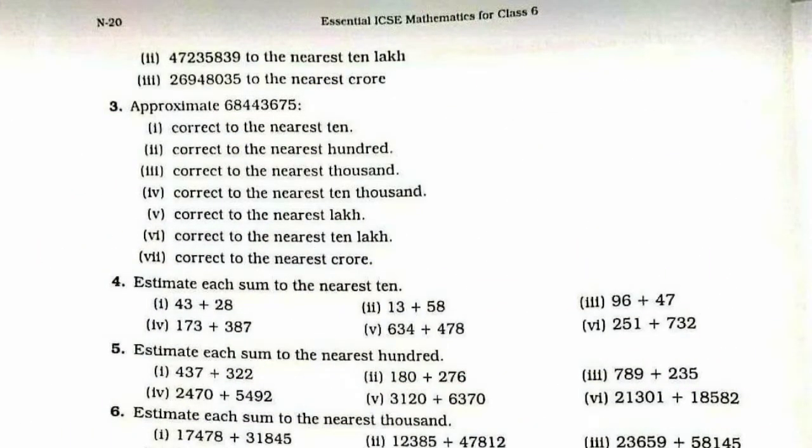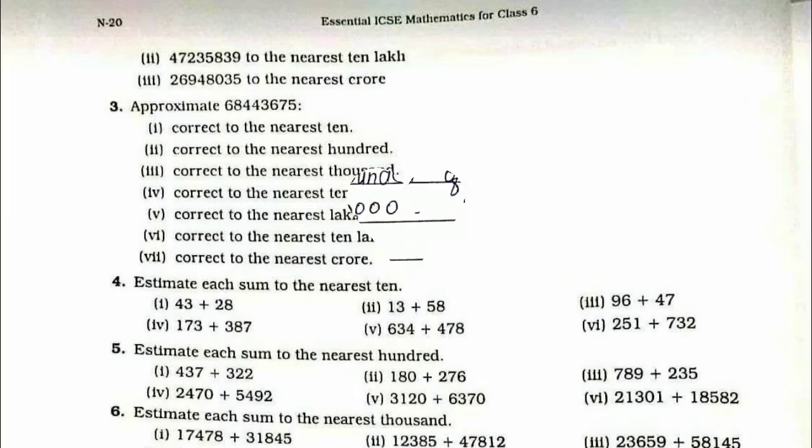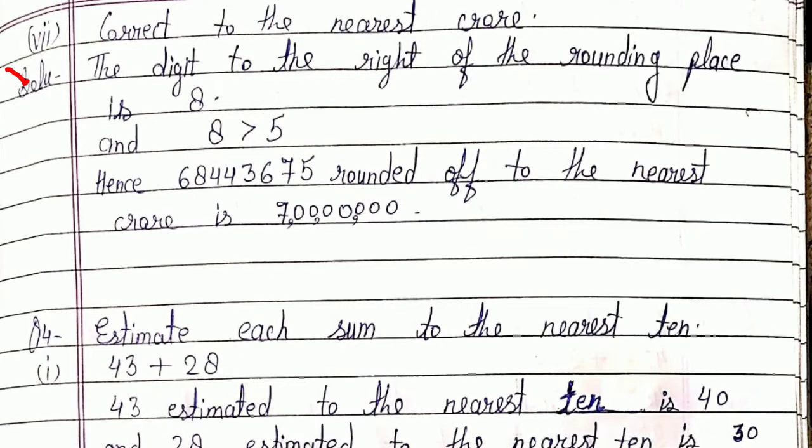Now let us try one more part of this question, part number 7. Correct to the nearest crore, and the number is 6 crore 84 lakh 43,675. Now look at here. For converting this number to the nearest crore, we will see the digit to the right of the rounding place is 8, and 8 is greater than 5.